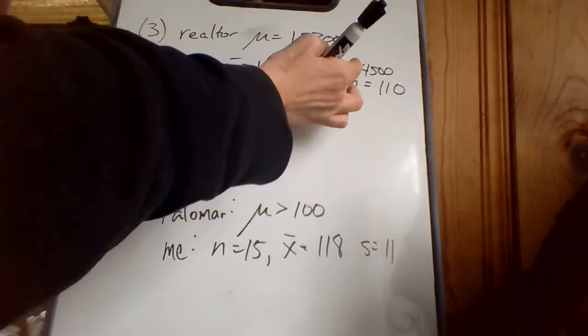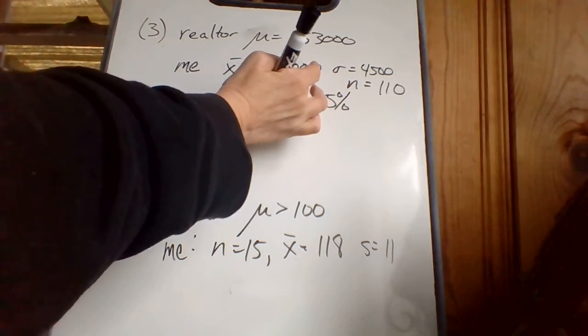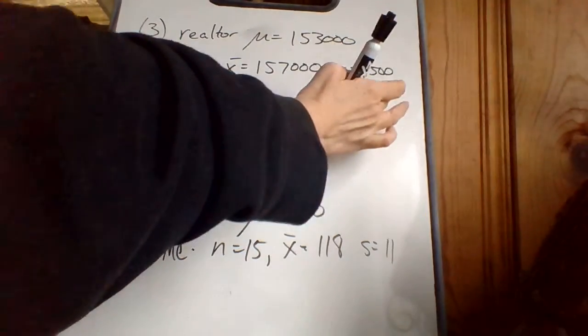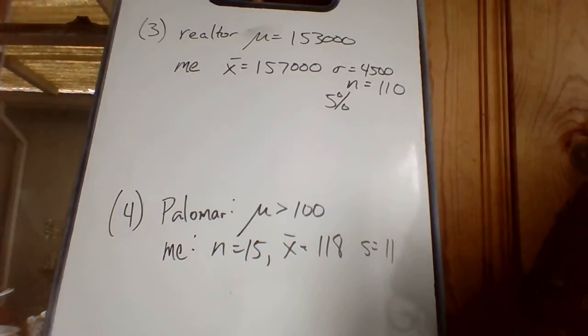So I did an actual survey. I've got this number, this number, that number. Those are all me. But there's some realtor out there making some other claim about the average. That's how I know that I'm in Chapter 8, about tests, because I want to test out the realtor. Plus, I don't see the word interval or margin of error anywhere.